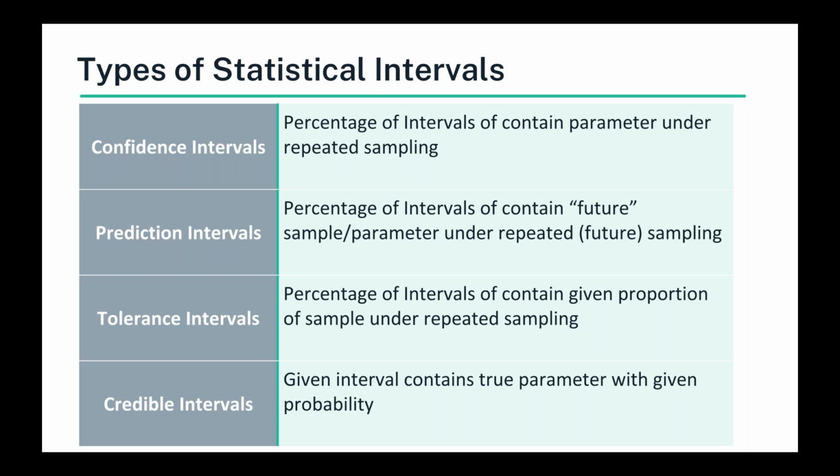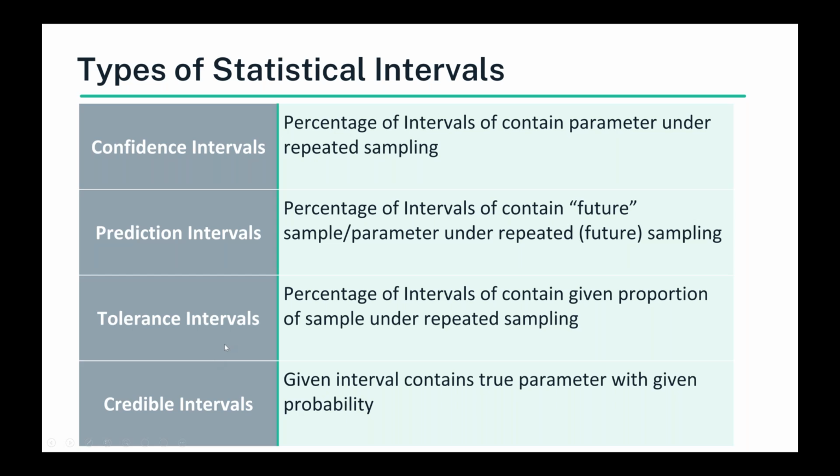Like, what is the probability that the next additional measurement from the same population is contained within this interval? Again, this is under repeated sampling. Another type of prediction interval could be the mean or standard deviation of multiple future samples also. But as I said, the single future iteration is the most common use.